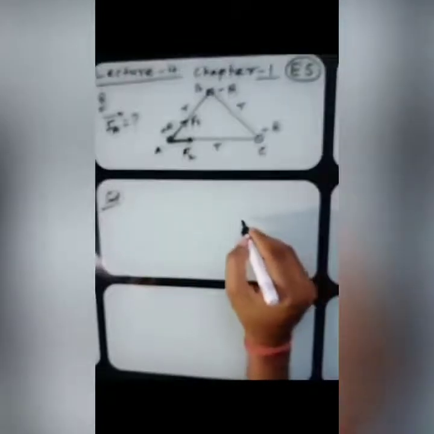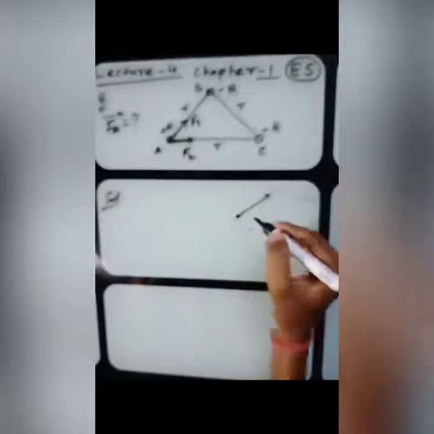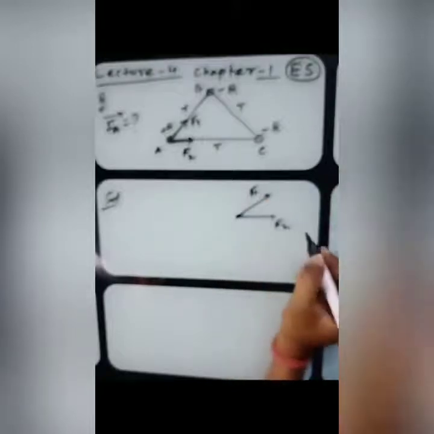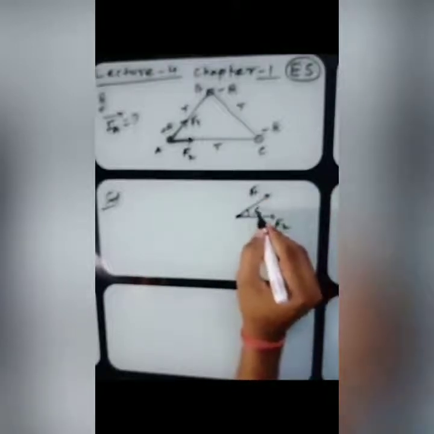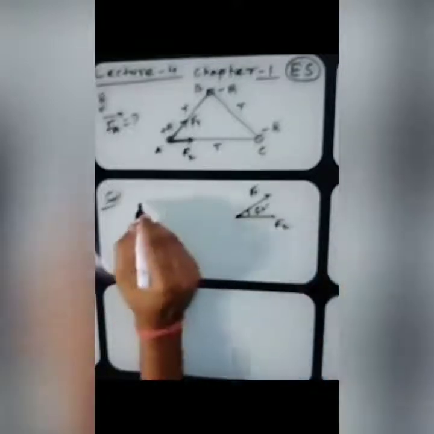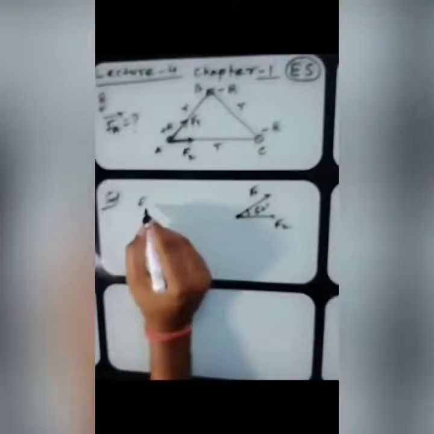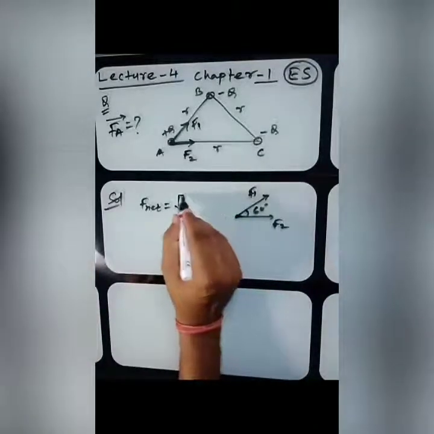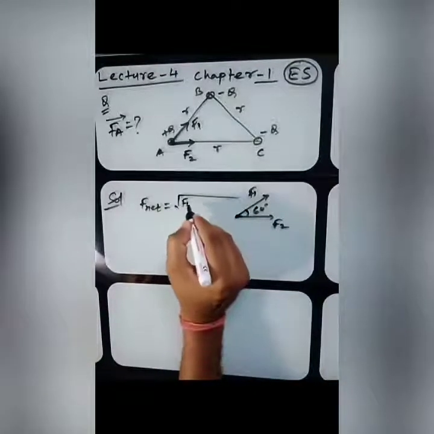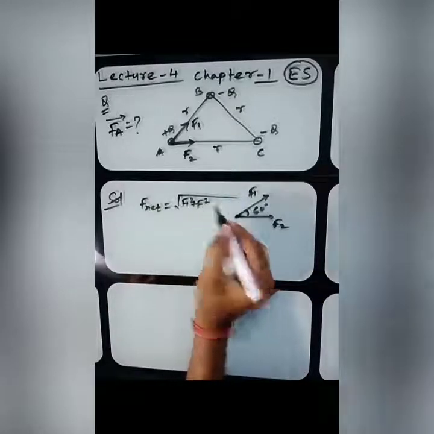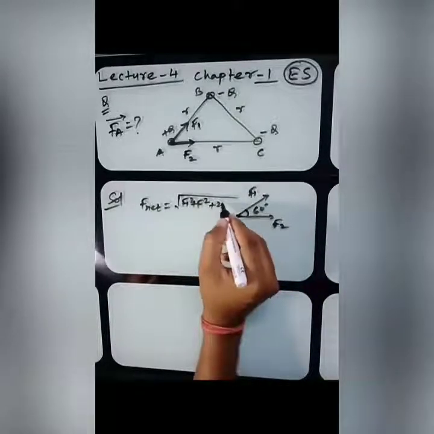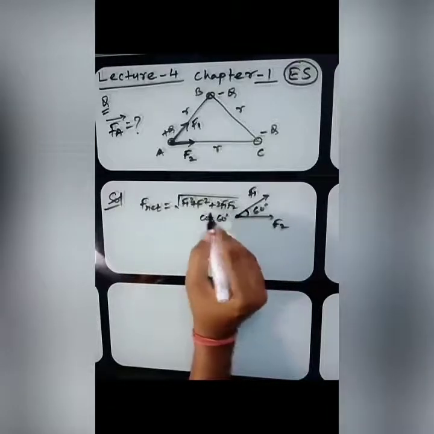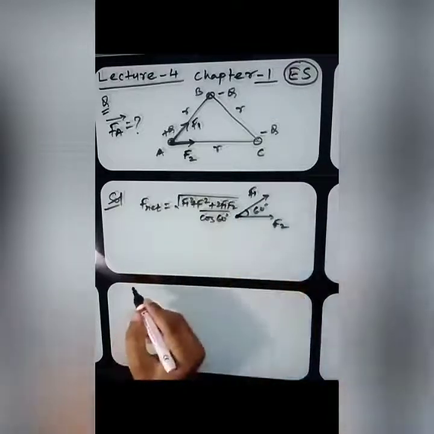Now it is F1 and it is F2, and the angle between these two forces is 60 degrees. So we can write the net force as root under F1 square plus F2 square plus 2 F1 F2 cos 60 degree. I hope we remember this formula.